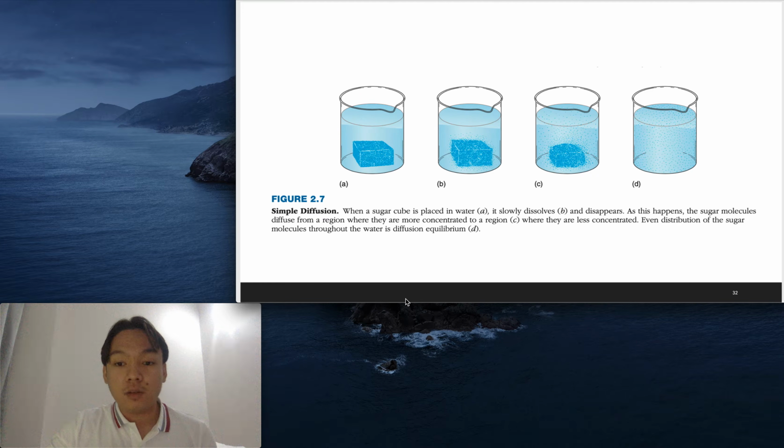It slowly dissolves and disappears. As this happens, the sugar molecules diffuse from a region where they are concentrated to a region where they are less concentrated. Lastly, the sugar molecules are distributed throughout the water, and it reaches equilibrium.